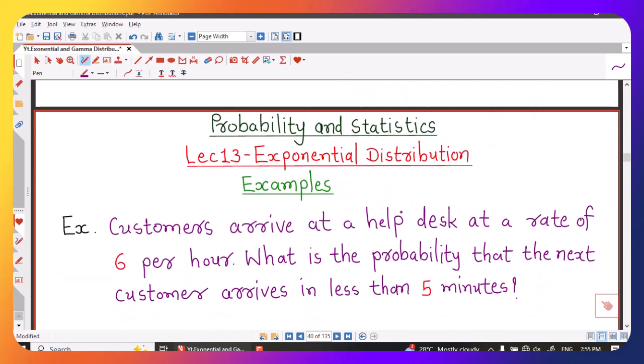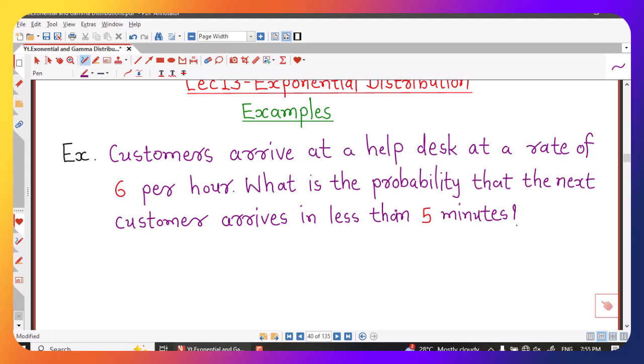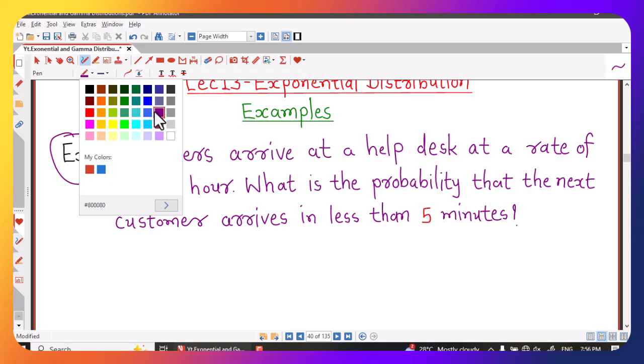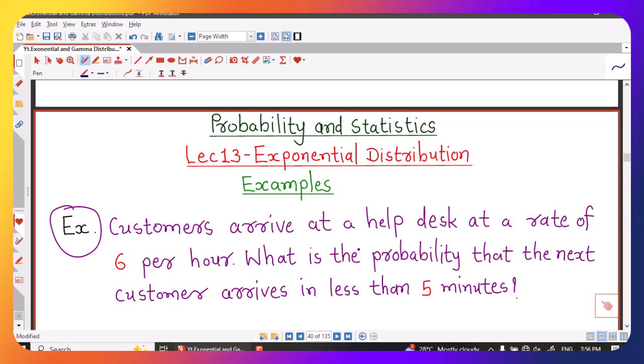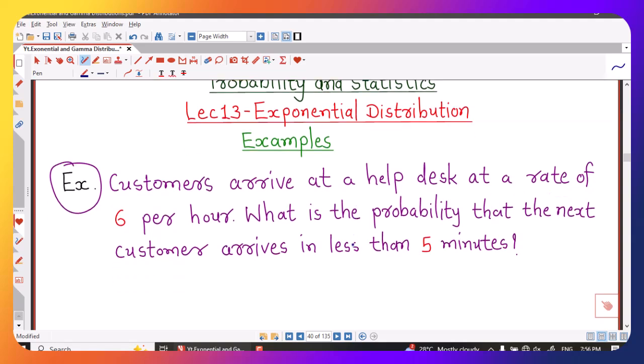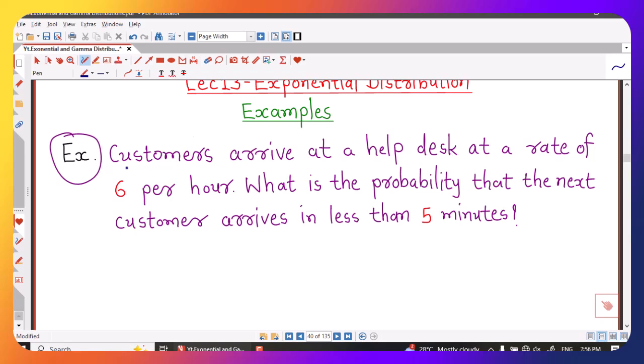So first we try to understand the solution of this problem, and then we will see an example on finding mean and variance or standard deviation of exponential distribution. In this example, it is given that customers arrive at a help desk at a rate of 6 per hour.